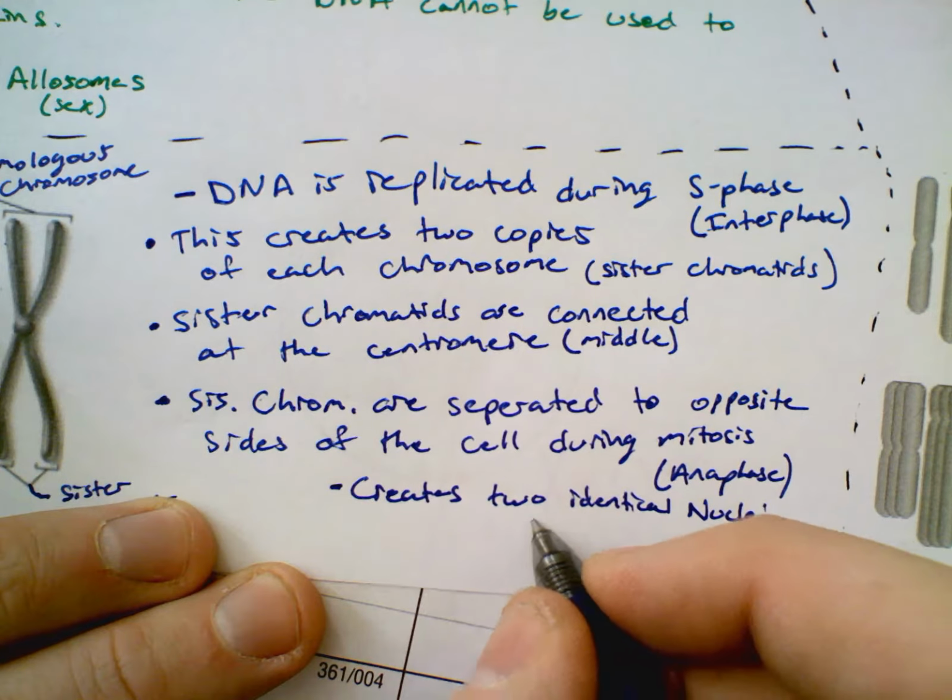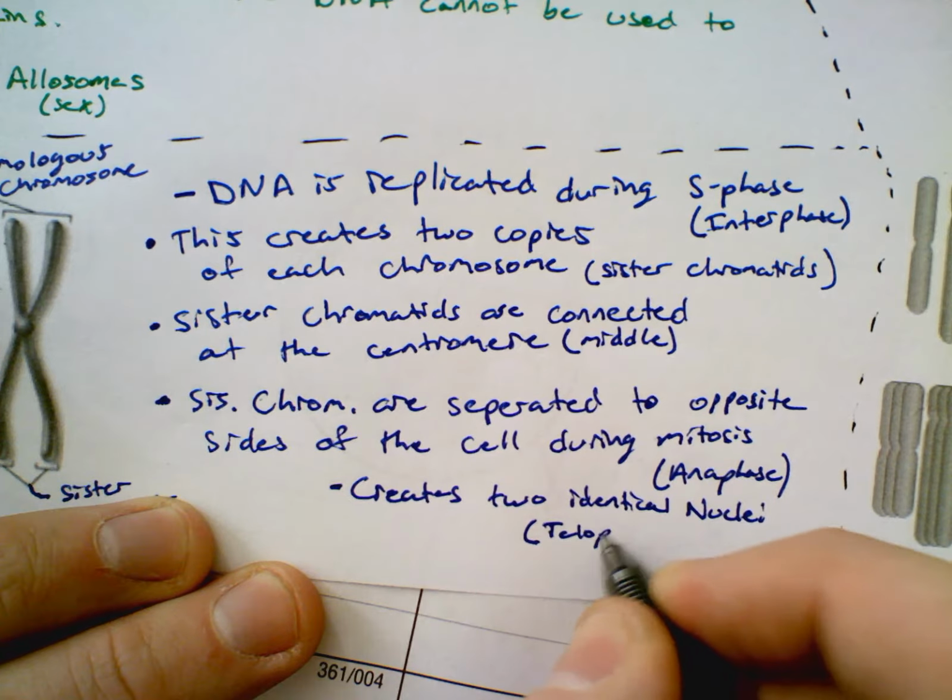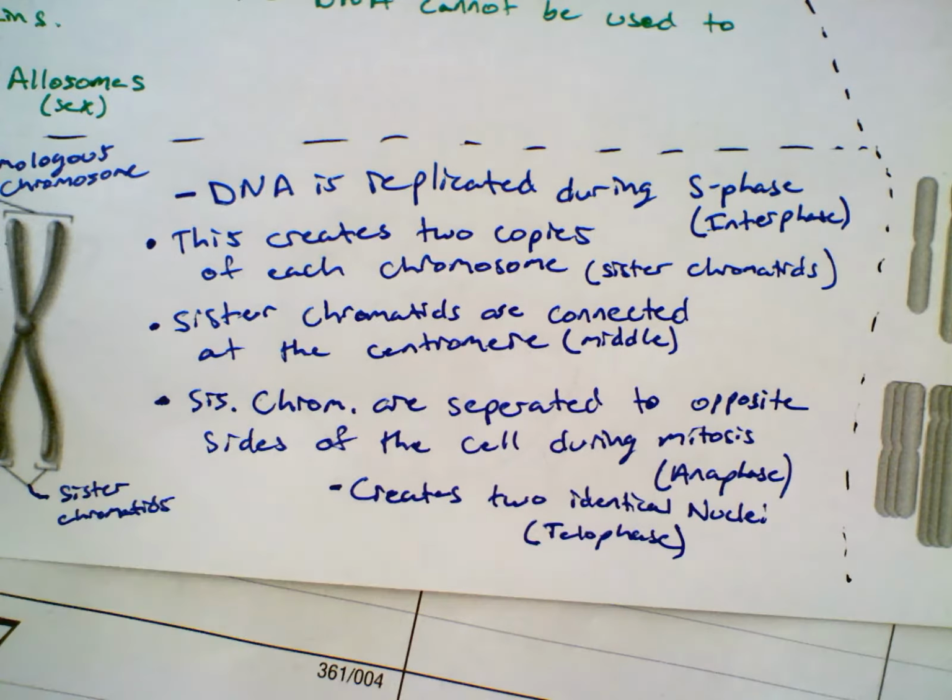And that occurs during telophase. And then during cytokinesis, the cell splits. You have two identical cells, hopefully, two clones, unless there's mutations, which there always are mutations, but sometimes they cause things to happen and sometimes they don't.